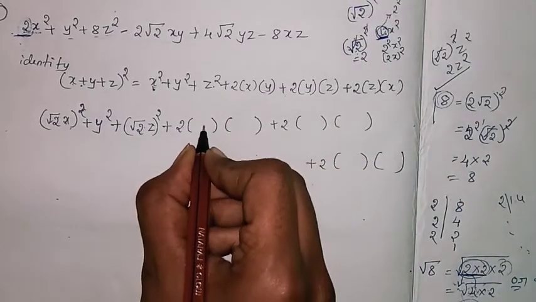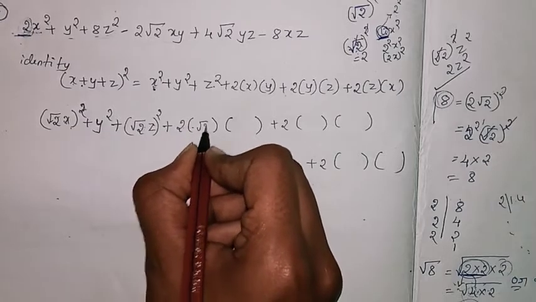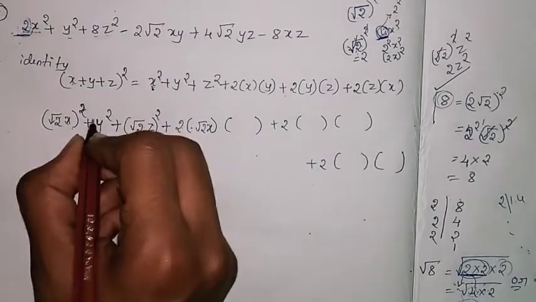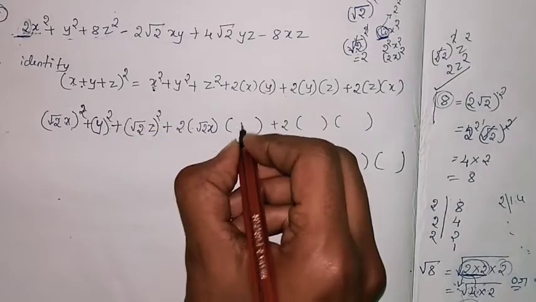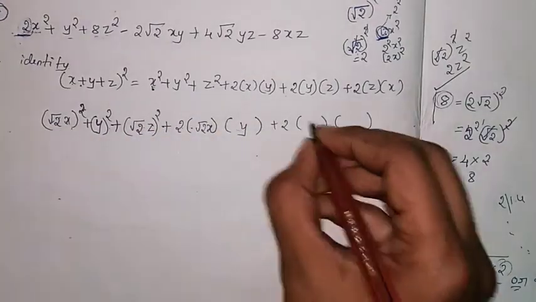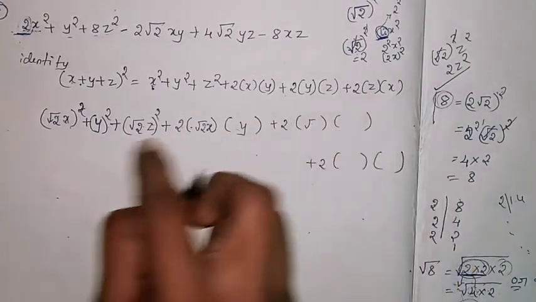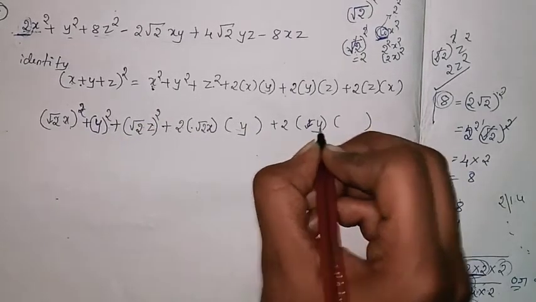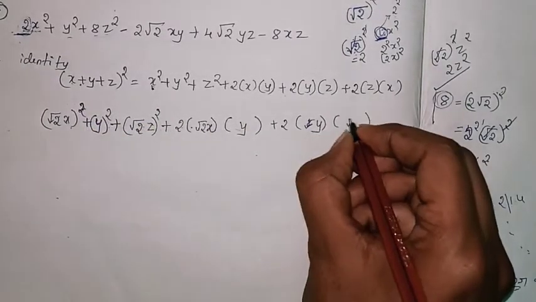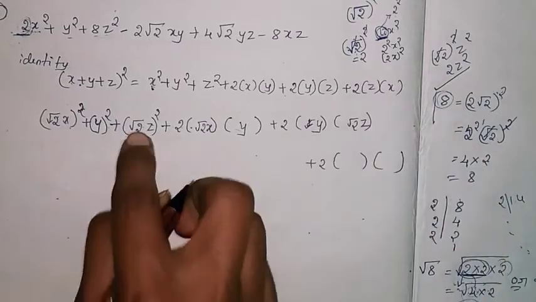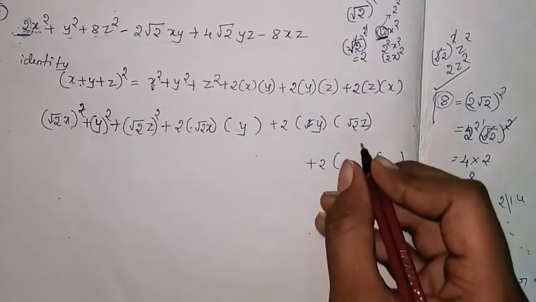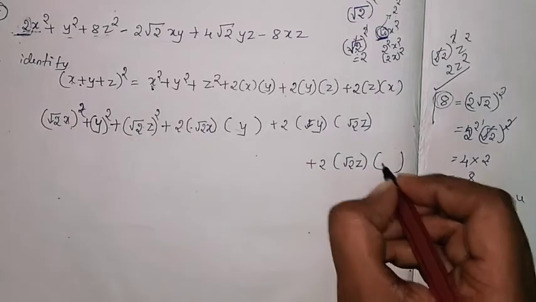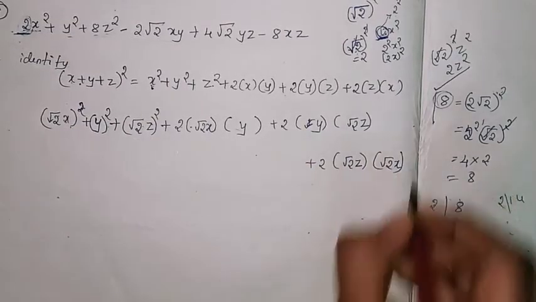So 2 into x, x is square root of 2x and y is inside, this is in the bracket, so it is y, and x is square root of y and z value now, so it is y and z, that is square root of 2z. Now z and x value, that is square root of 2z and square root of 2x now.